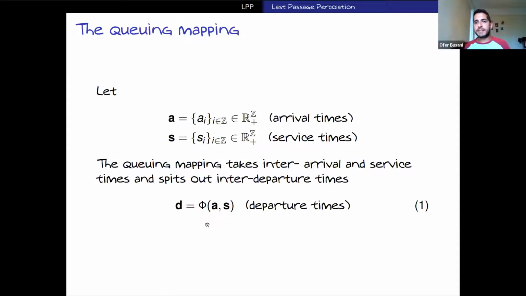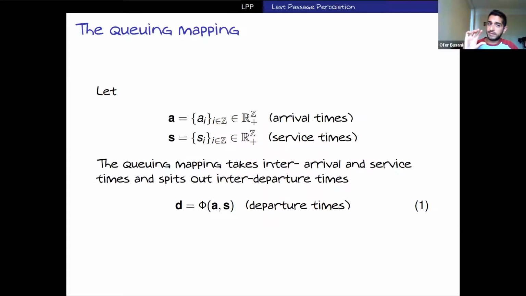Okay, so mathematically, this boils down to two inputs: the inter-arrival times and the service times, and the queuing mapping takes these two sequences. I'm not going to go into the exact mathematical formulation of the queuing mapping.